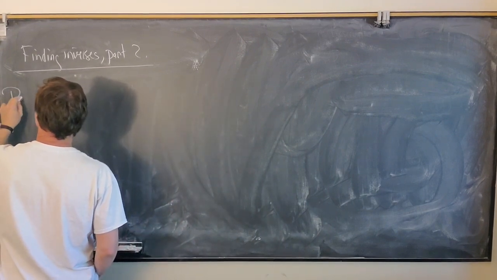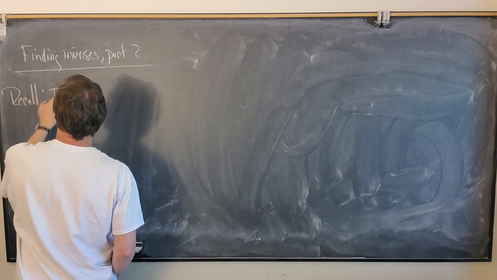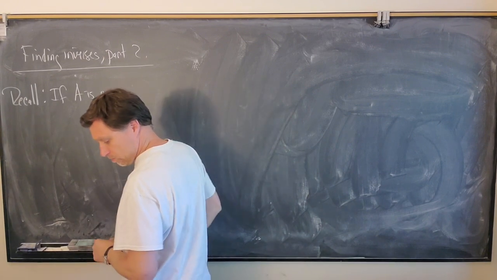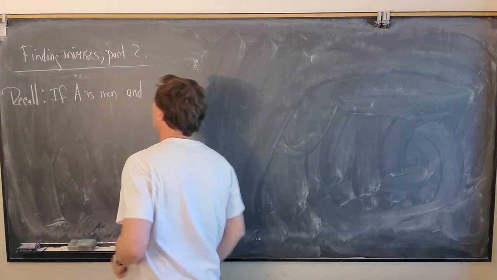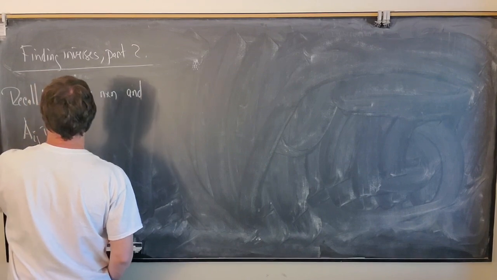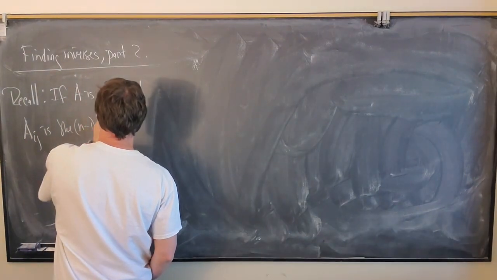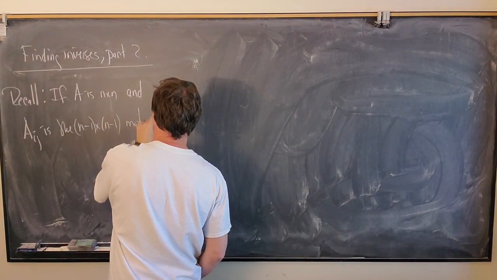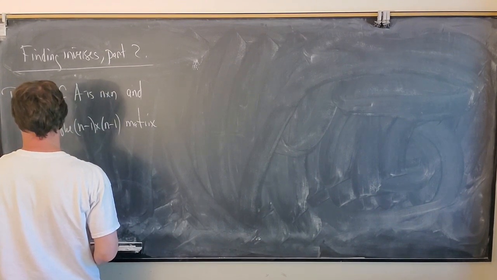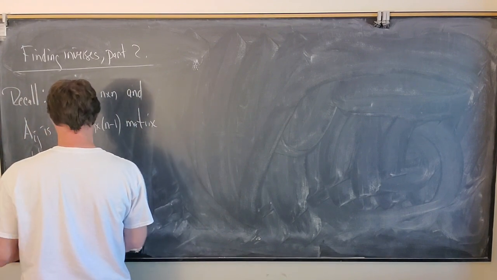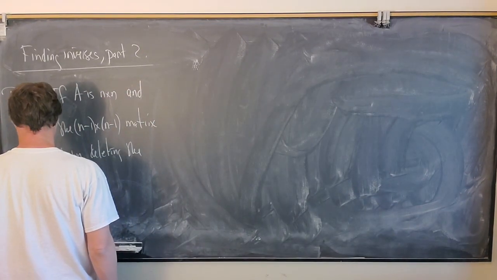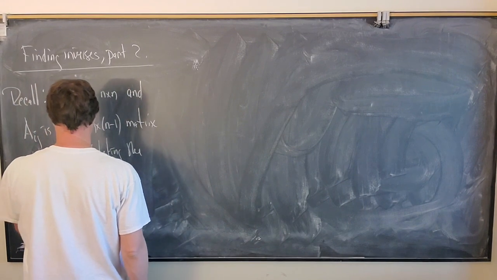I need to remind you. Let's recall: if A is n by n, let's say capital A sub ij is the n minus 1 by n minus 1 matrix obtained by deleting the ith row and jth column.